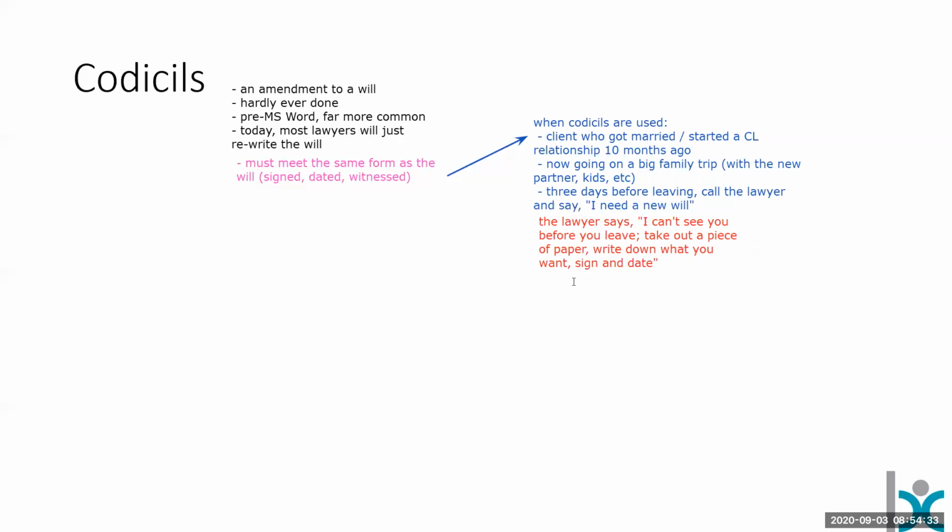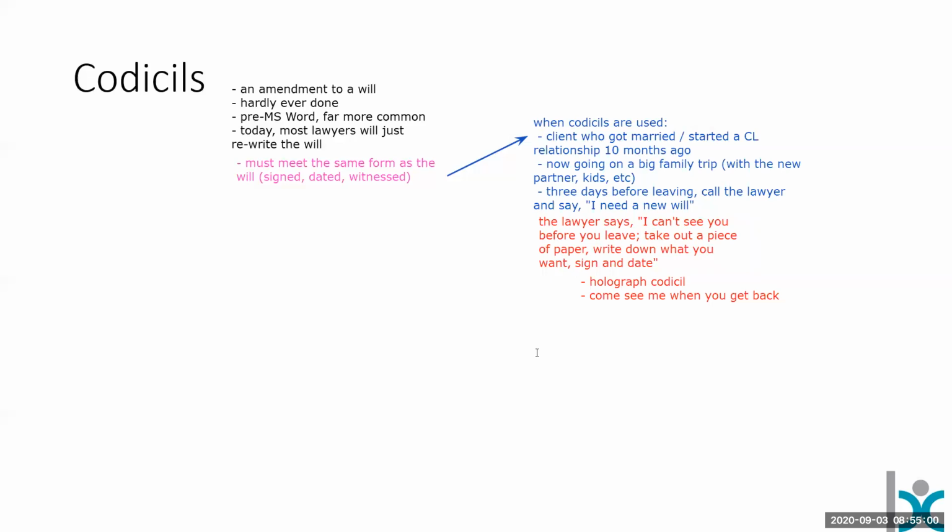Okay, and this is a legitimate thing that lawyers will do. And then come and see me when you get back. It won't be perfect, but it'll be better than if you just kept the old will, and I just can't get you in before your departure to get your will sorted out.